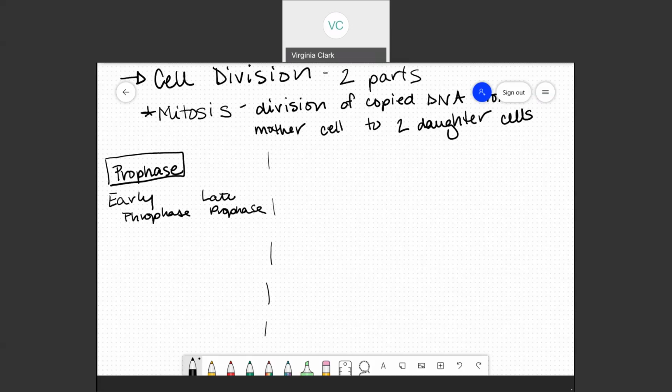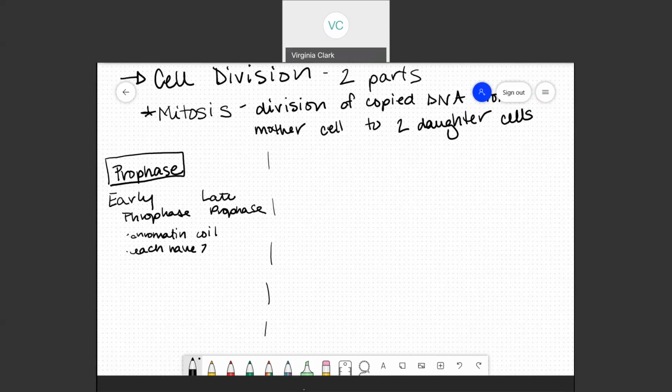So what's happening in prophase is your chromosome will actually start condensing, or your chromatin coils. If my chromatin starts coiling, I'm going to be in my chromosome form. So each chromosome will have two sister, what are called chromatids.